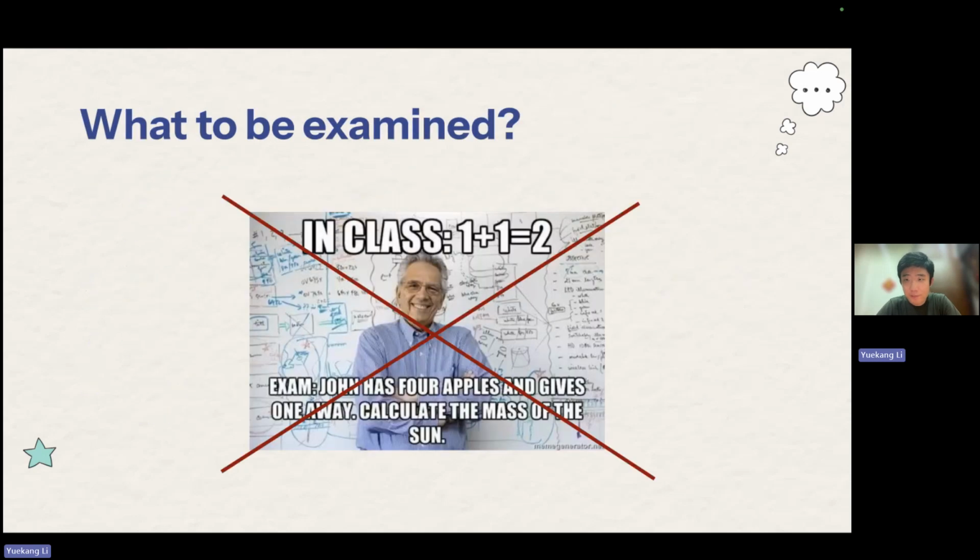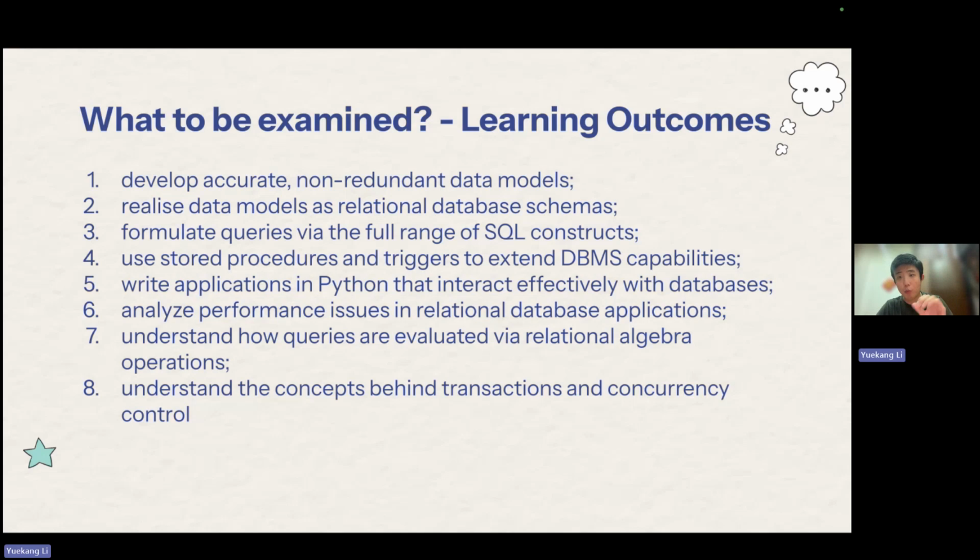Instead, in order to understand what might be included in the final exam, we should understand the learning outcomes of this course, and we will go through the content of the entire course via these learning outcomes.